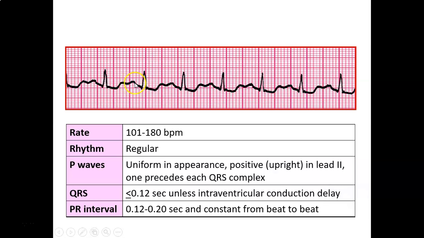PR interval seems to be normal, less than one big box. So in this example, the only thing beyond the normal range is heart rate, which is more than 100. So this will be your sinus tachycardia. Exactly.